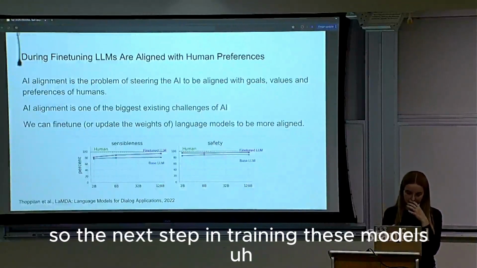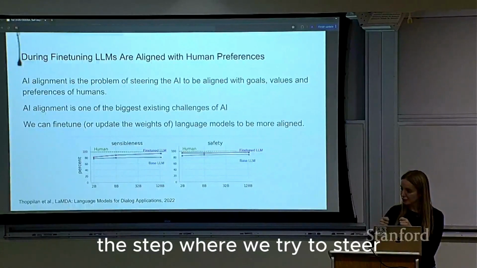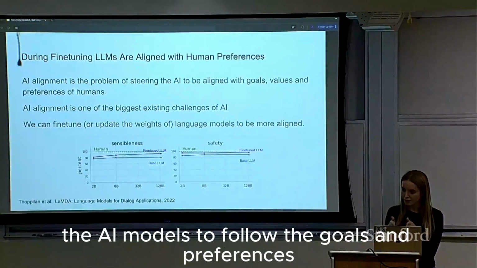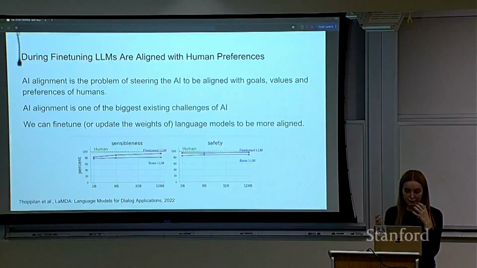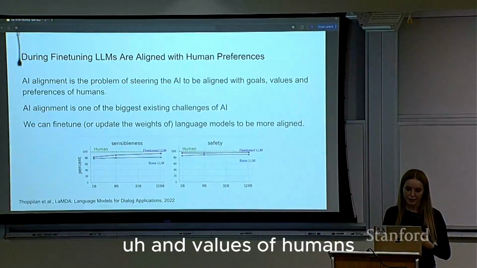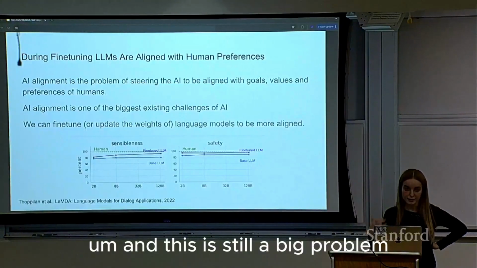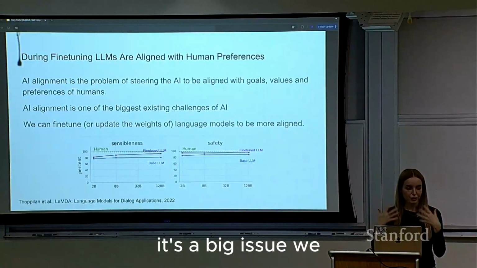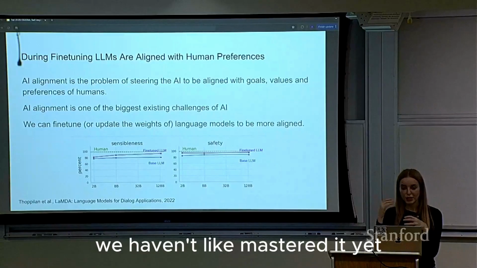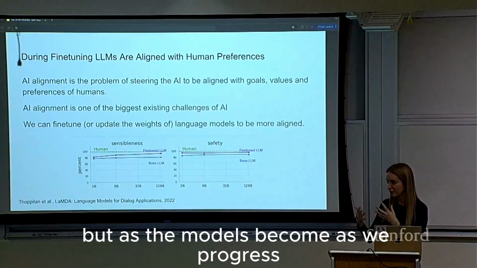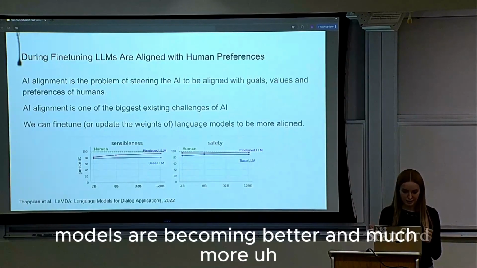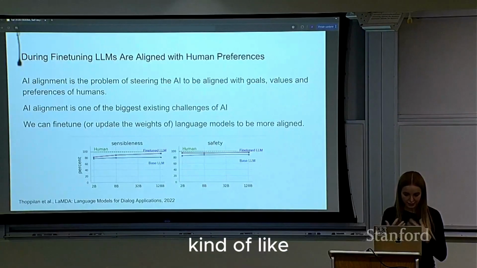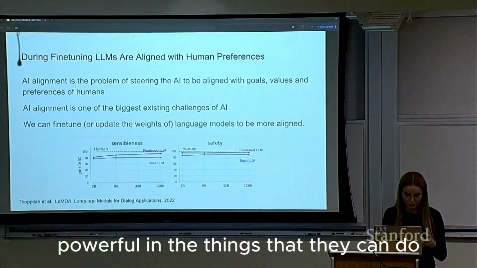So the next step in training these models is where we try to steer the AI models to follow the goals, preferences and values of humans. And this is still a big problem. It's a big issue. We haven't mastered it yet, but as we progress, models are becoming better and much more powerful in the things that they can do.